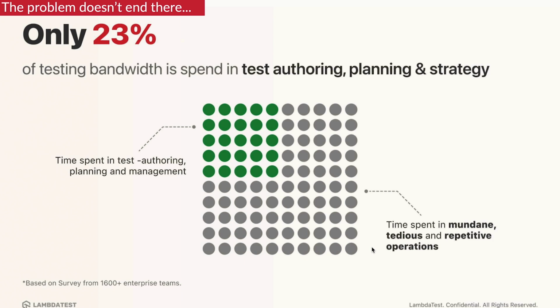You will be amazed to know that only 23% of the bandwidth of a testing team is actually spent on authoring, planning the test cases. Whereas a staggering 70% time is spent in mundane, tedious, and repetitive operations.